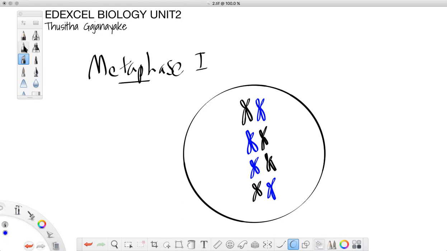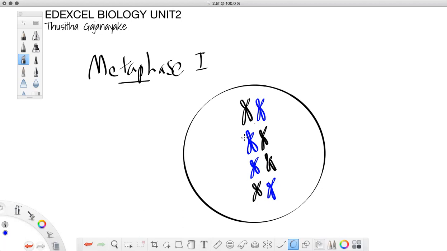Okay, when a zygote is formed, 23 chromosomes are coming from the mother and another 23 chromosomes are coming from the father. If we assume the black color one is a chromosome from the father and the blue color one is a chromosome from the mother, then if it is arranged very randomly, again the chromosomes are shuffling.